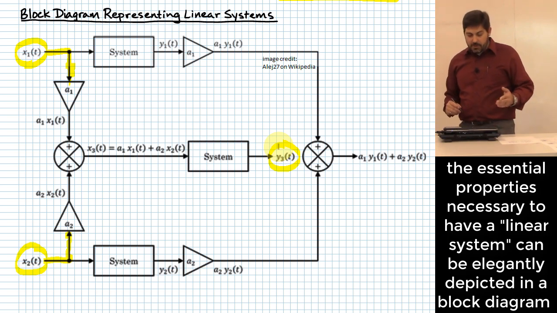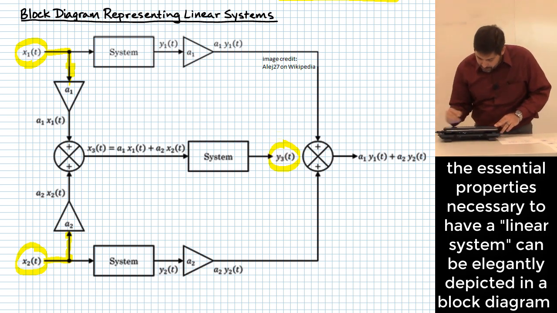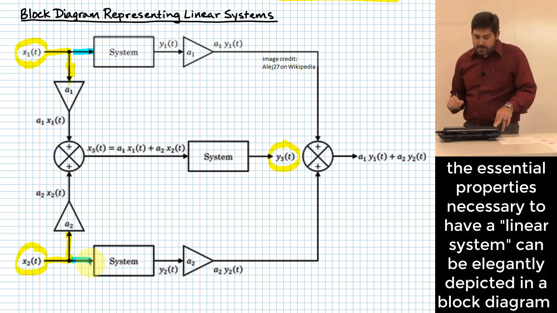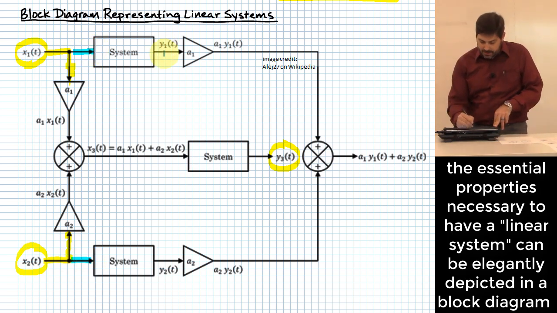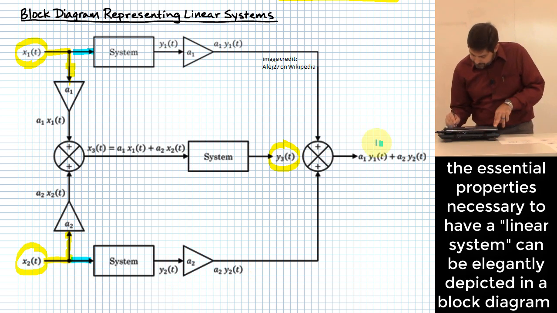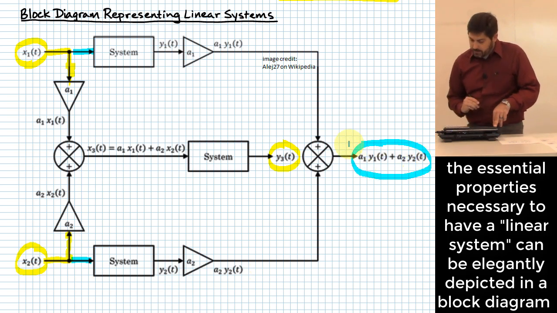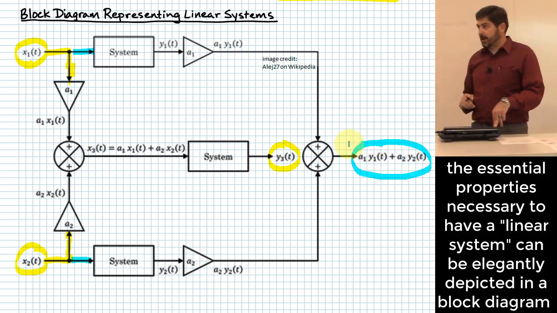The other path you could take is to immediately apply the input signals into the system itself, which will result in two different results of those functions being applied to the input signals. So you get these outputs, and if you apply those gains, you end up with that signal over there.